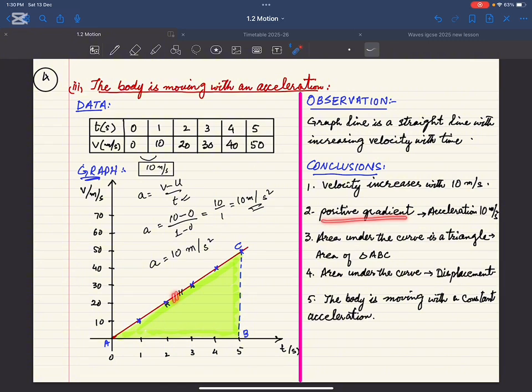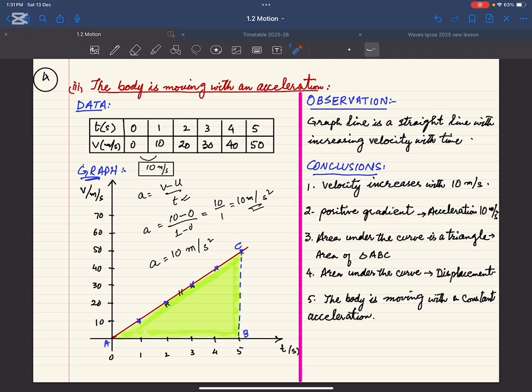You can recall the formula of the gradient or slope, which is m is equal to (y2 minus y1) divided by (x2 minus x1). In this case y is velocity and x is time. When you calculate this, you will get a positive result, that is, positive acceleration, which is 10 meter per second square, and we have calculated it for one of these steps over here.